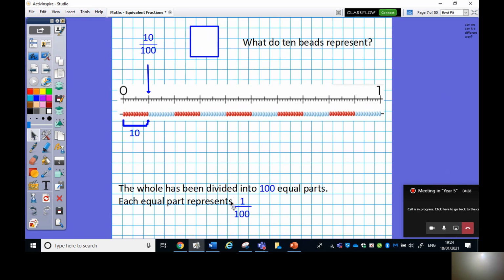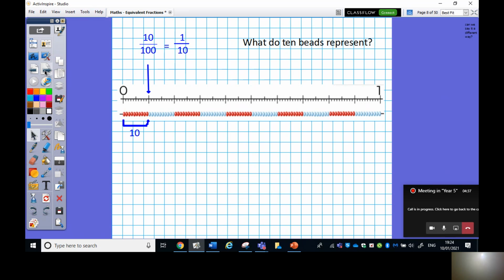So if 1 part represents 1/100, 10 beads equals 10/100. Now, I can either think of my number line or my bead string being divided into 100 equal parts, but I can also think about them being divided into 10 equal parts. So 10 beads can be represented as 1/10.